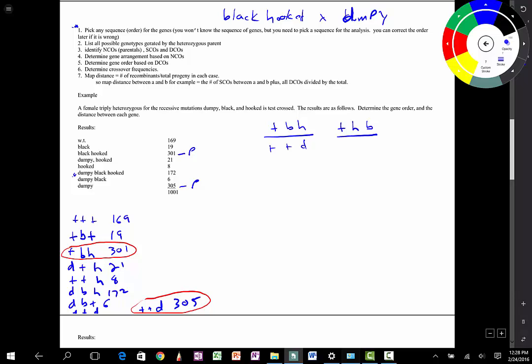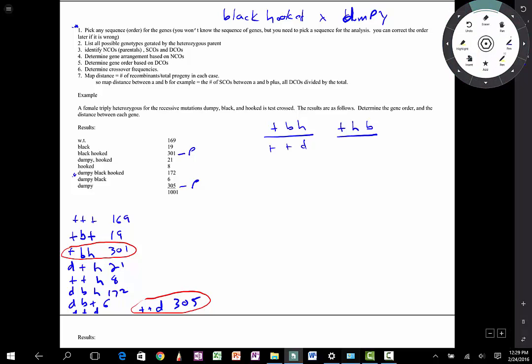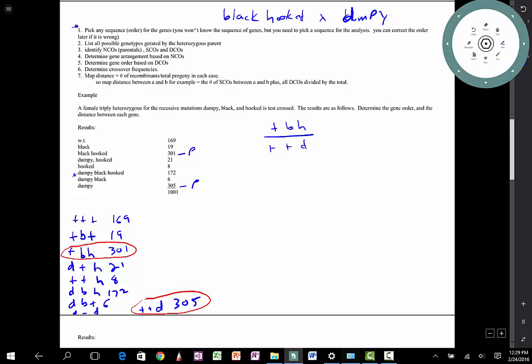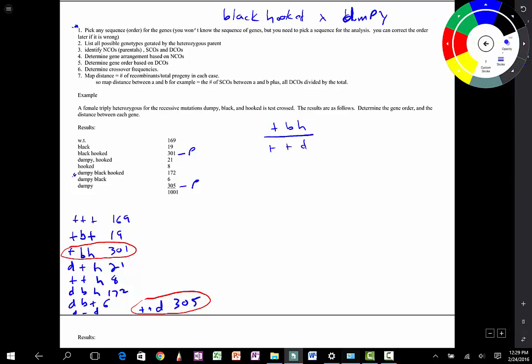Now let's do that a little bit differently. So we can put H in the middle, but we'll put B over here. So this is just another possibility. And then that would be plus D. Or D could be in the middle.